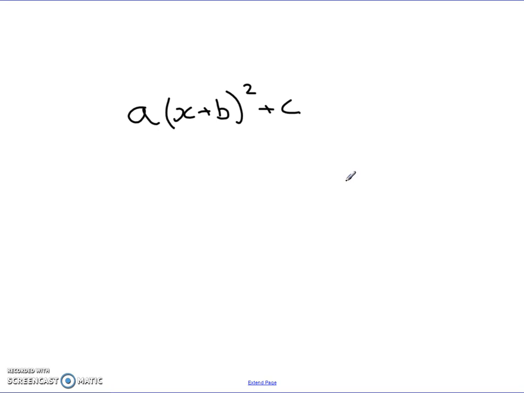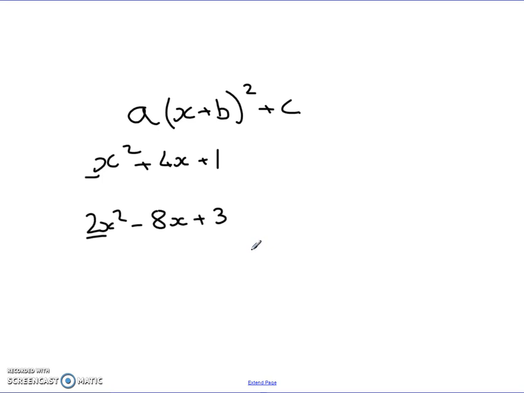Now there's 2 different levels of difficulty with this, and that's when we've got to factorise something like x squared plus 4x plus 1, and when we've got to factorise something that's maybe of the format 2x squared minus 8x plus 3. The difference in difficulty comes from the coefficient of the x squared, but it's not hugely more difficult.